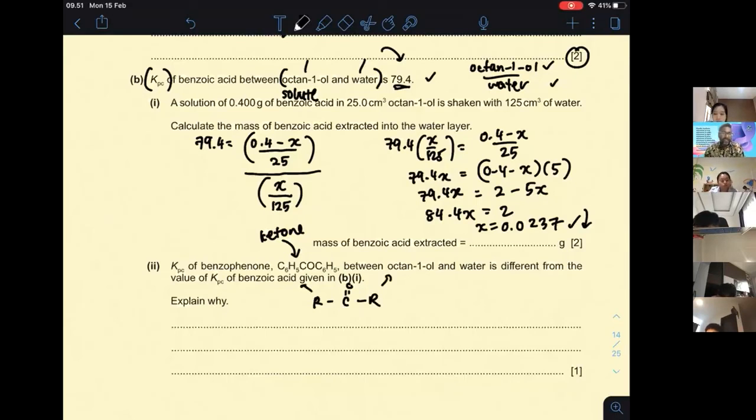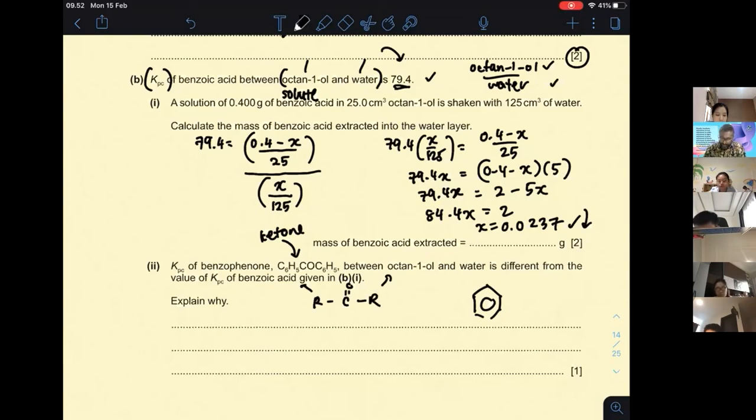In this case, the ketone, when we look at C6H5, if I compare this with benzoic acid, I think both of them, ketone or benzoic acid, are polar.